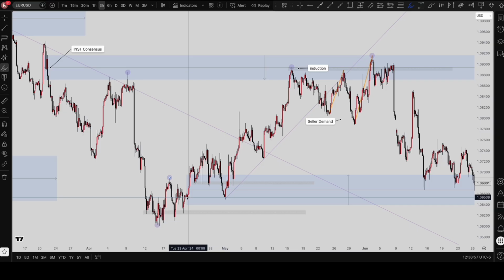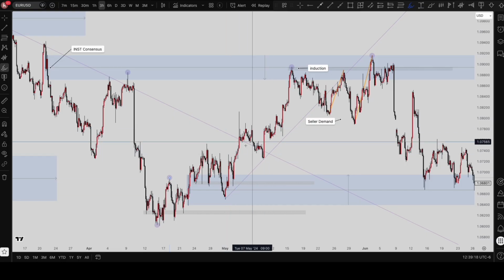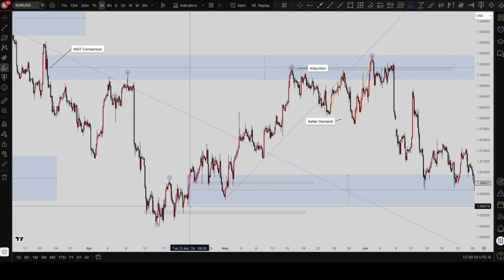If an institution's buying at a level, then typically, and I'm saying typically, this isn't like this always happens, they're not going to go below where they started buying the contracts. They might sweep price up here because then they're going to take more liquidity of people that are starting to buy, and they can sell off into that and then continue to buy more shares at cheaper prices as price goes up. But they're not going to want to go below that level typically.